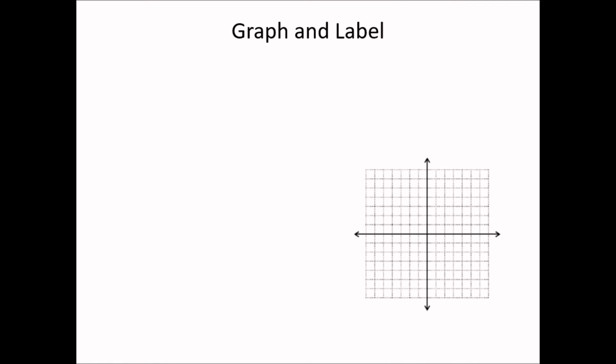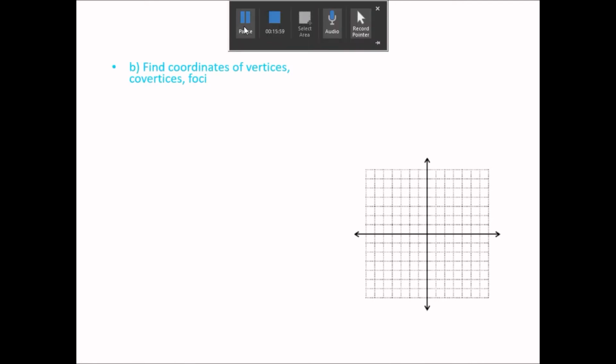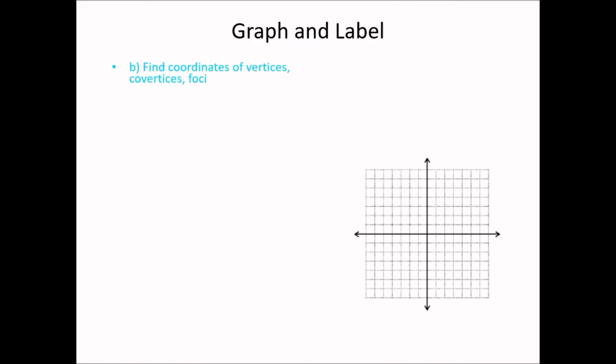Next is graph and label. The problem here is you will find the coordinates of the vertices, the co-vertices, and the foci. Only given is this equation. So pag ito na yung equation, nauna yung x, meaning it is in butterfly shape.